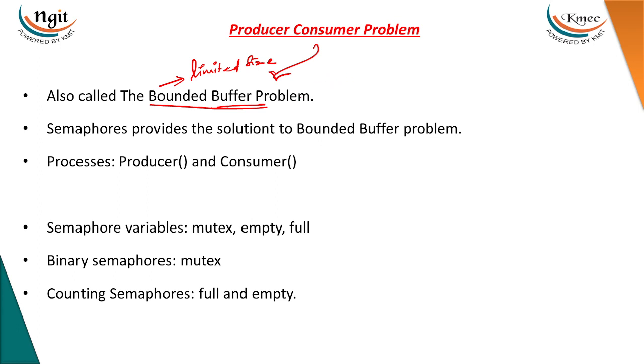As we know, there is a producer process and a consumer process. The producer process keeps producing items into the buffer, and the consumer process keeps consuming items from the buffer. Here we'll provide the solution for the producer consumer problem using semaphores.